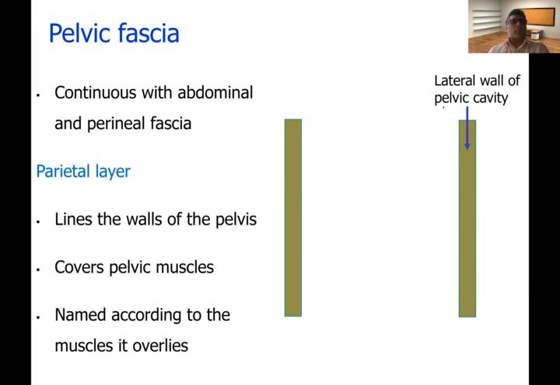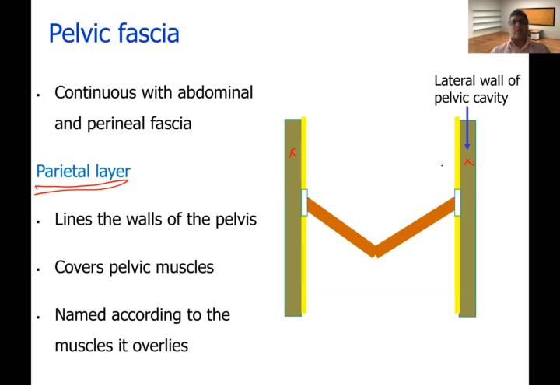It is continuous with the abdominal and perineal fascia. You can study that later. Now, the parietal pelvic fascia, this one, lines the pelvic walls. These are the pelvic walls.